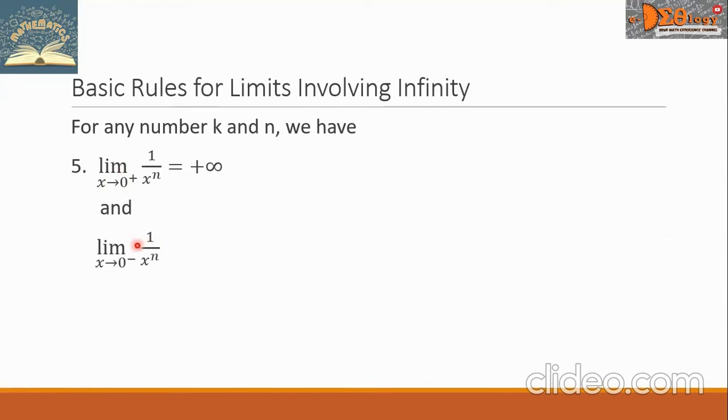And the limit of the function 1 over x raised to n as x approaches 0 from the left equals positive infinity if n is a positive even integer starting from 2 onwards, or negative infinity if n is a positive odd integer starting from 1 onwards.